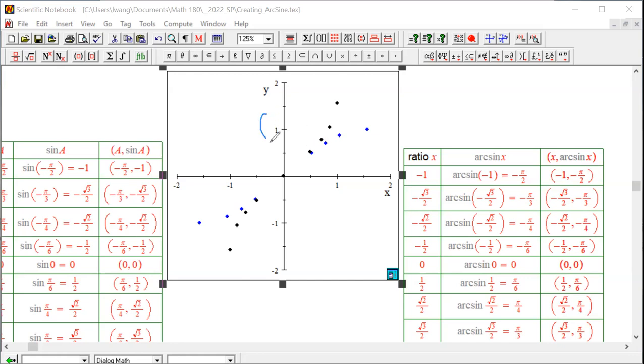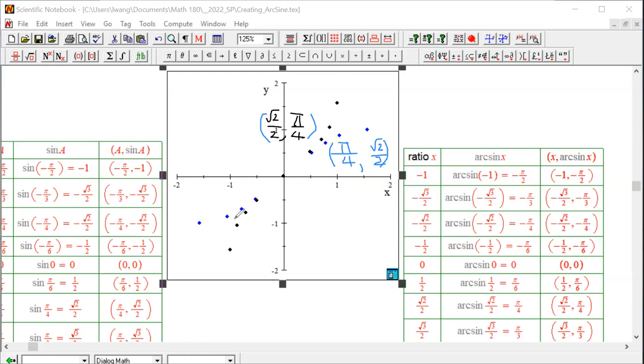Therefore, that point is root 2 over 2, and the output is pi over 4. And the blue is pi over 4, the input, and the ratio is root 2 over 2.